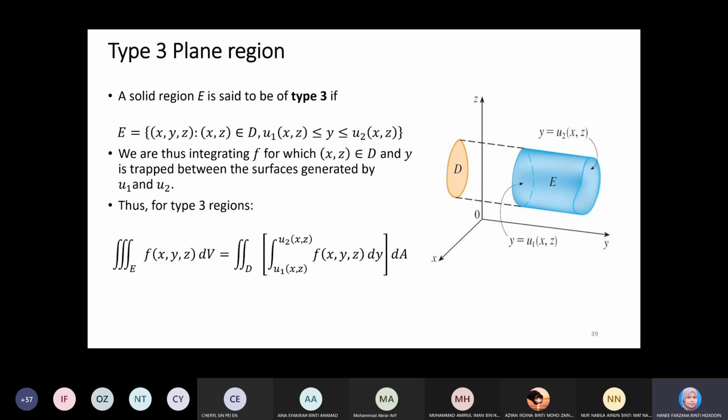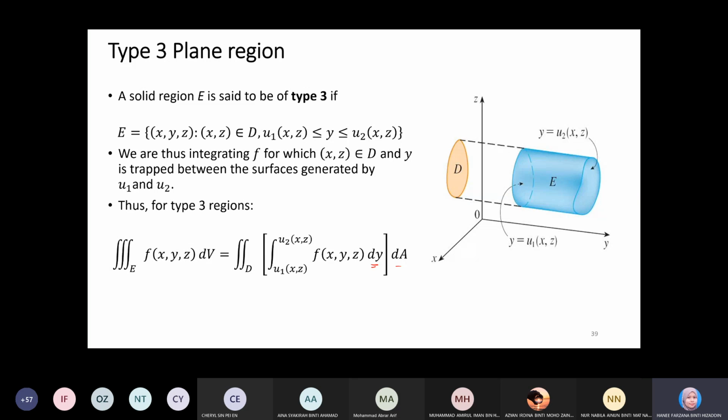So in this case, you want to put dy inside and then dA outside. dA is dz dx, depending on which one you decide on your own when you are given the problem later. In this case, Y is the most complicated one, so you put it inside.